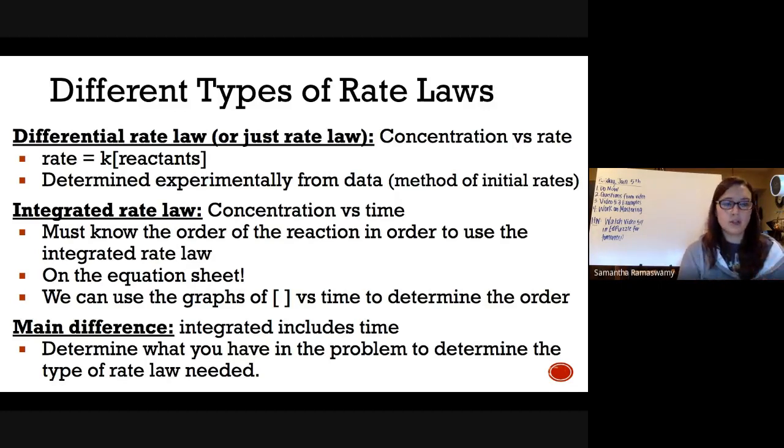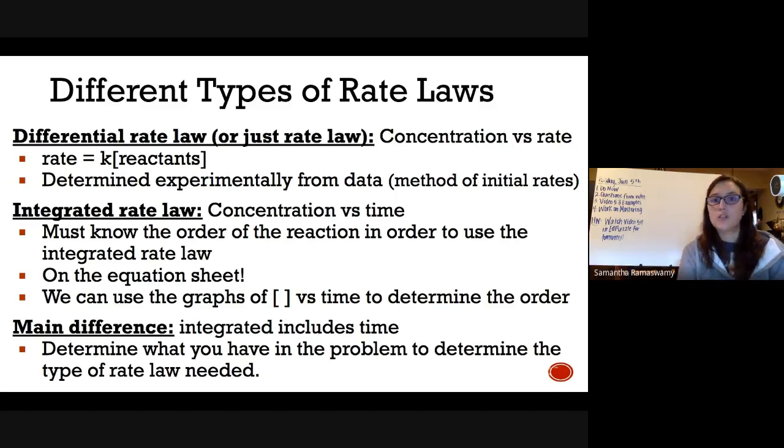Now, you don't need to know how to calculate one over the other. You don't need to know the calculus behind it when you're looking at derivatives versus integrals. Calculus is not part of this. I used to do more calculus, but I'm pushing that to the side for now. Integrated rate laws allow us to look at concentration versus time.